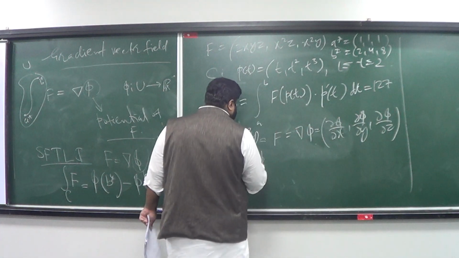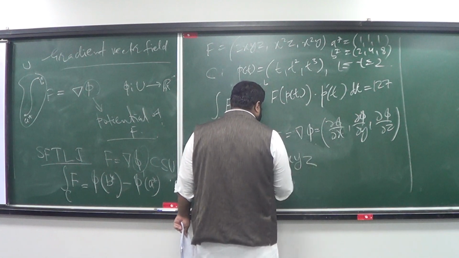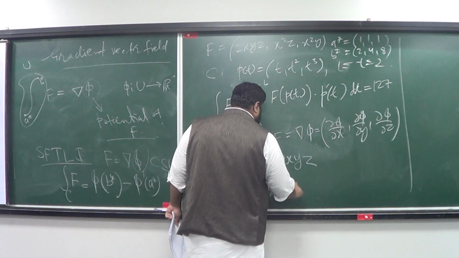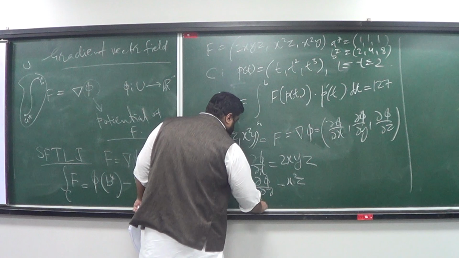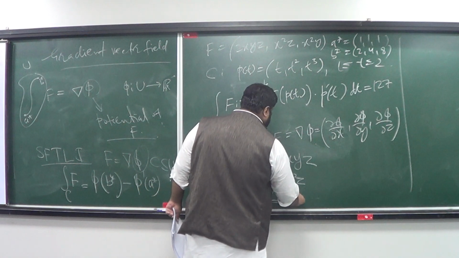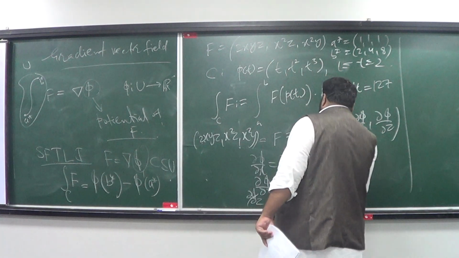We're going to have partial phi by partial x the same as 2xyz, partial phi by partial y as x²z, and partial phi by partial z as x²y. We might give them names 1, 2, and 3.